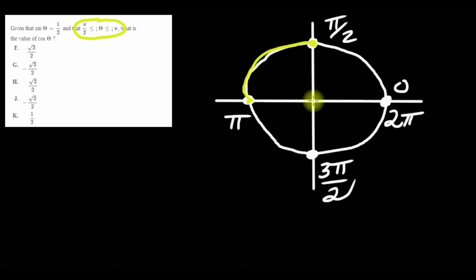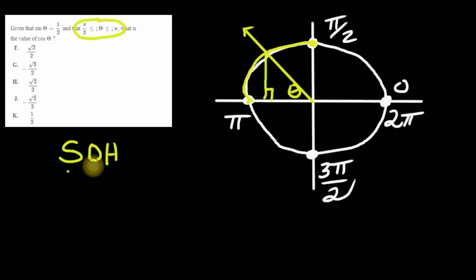Okay, so I would make a reference triangle. Here's the right triangle, so this is theta. Now, in order to find the value of cosine theta, you need to know your trig ratios. There is a phrase that you can use to help you remember the trig ratios. It is called SOHCAHTOA.